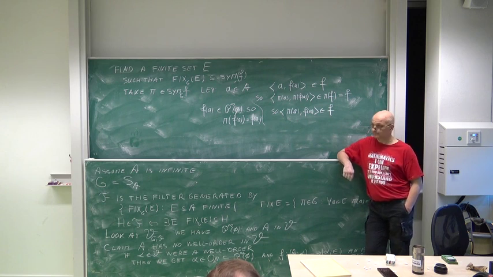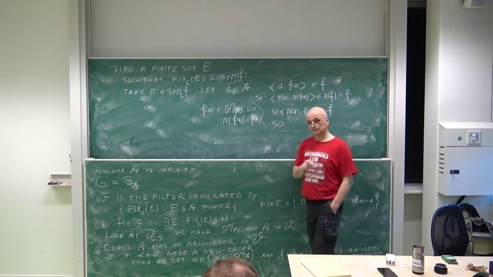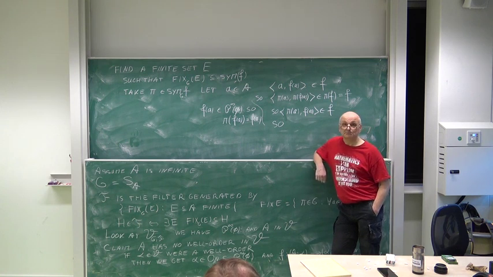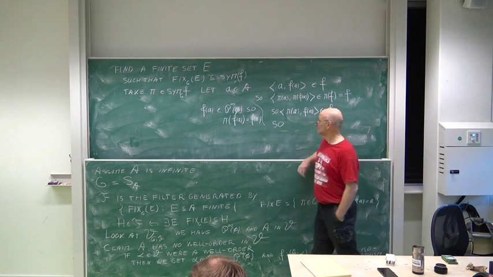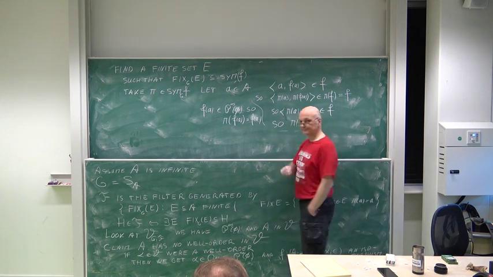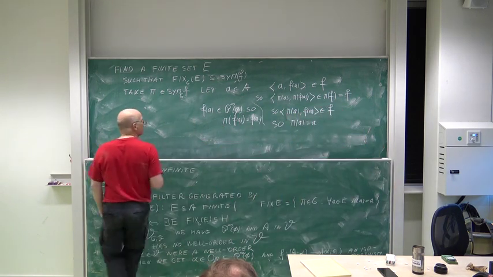F is an isomorphism, so pi of A equals A. Whoa, wait a minute.